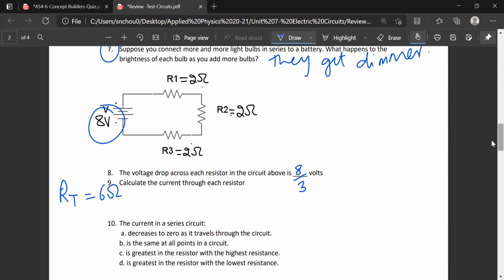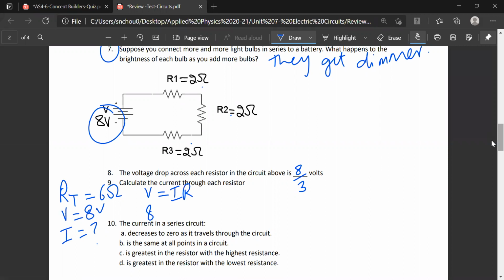And then we already know that there is 8 volts applied across the entire circuit. We want to figure out the current through the circuit, which is going to be the same value through each resistor. So use the formula, again, write it down, V equals IR.